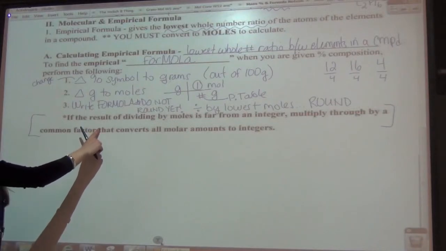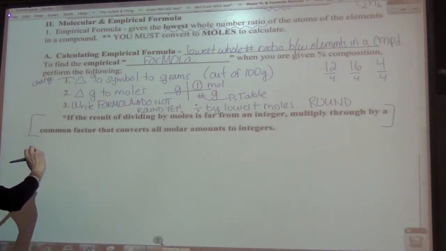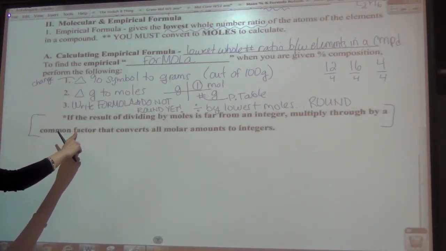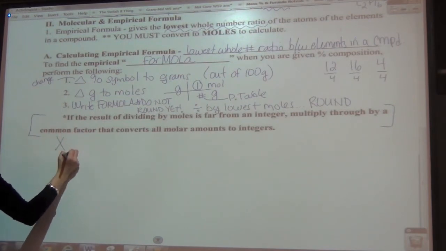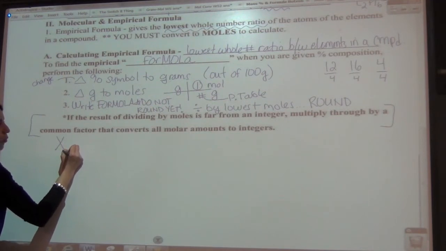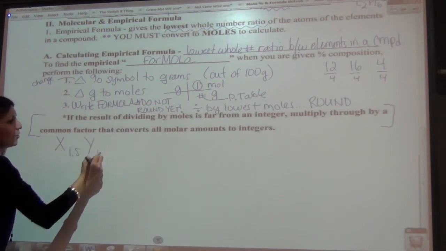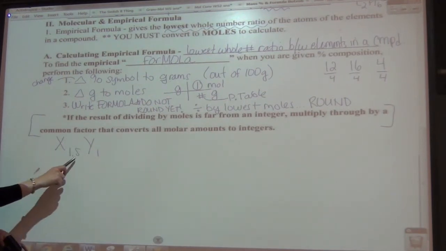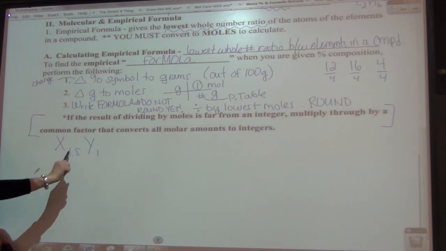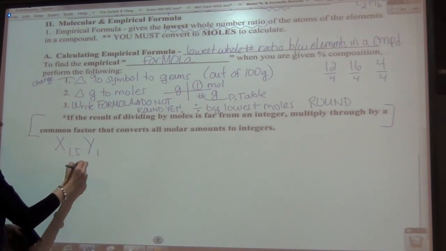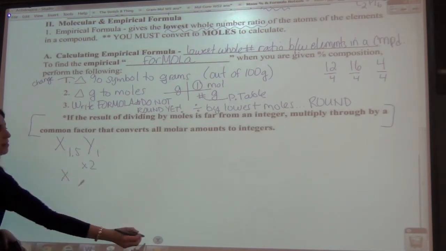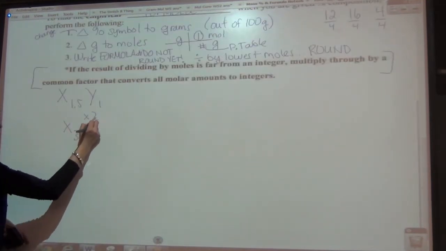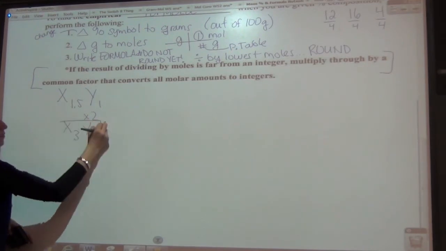If the result of dividing by moles is far from an integer, you're going to multiply through by a common factor that converts all your molar amounts to integers. What I mean by that is, if you had x 1.5, y 1, okay? If you've got a 0.5, you're going to multiply both of them by 2. And if you multiply both of them by 2, then what does that give you? X 3 and y would be 2. Okay?